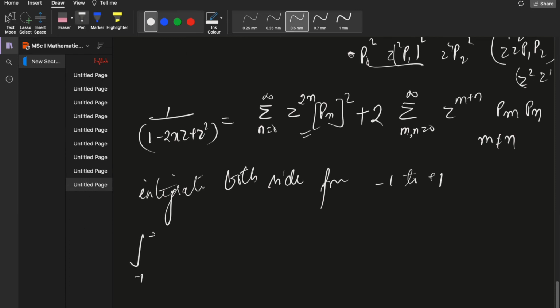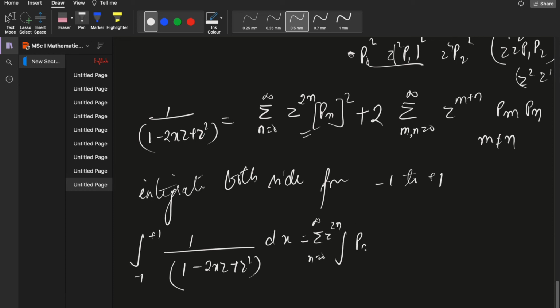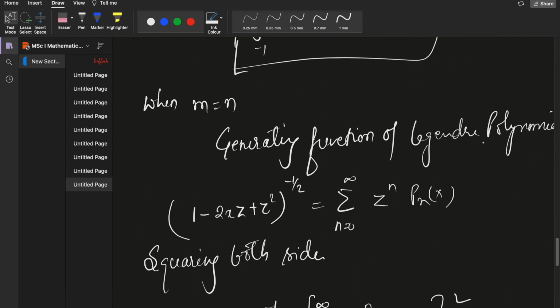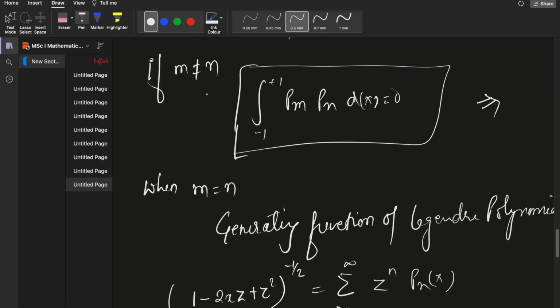This becomes integral from minus 1 to plus 1 of 1 upon (1 minus 2xz plus z square) dx, and the right side gives summation n tends to 0 to infinity, z to the power 2n, integral of Pn square dx, and this other term will be 0. Why 0? We know that when m does not equal n, the integral is 0.